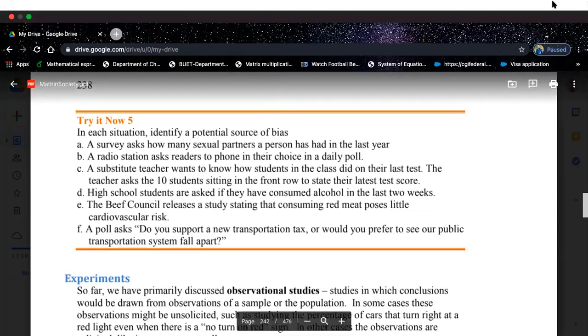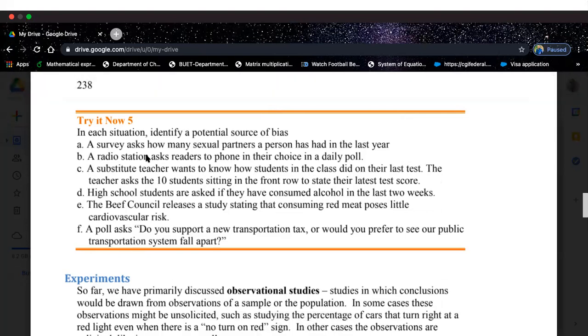Okay, so before disclosing the answer, let's do one more, and then we'll disclose the answer together. So the next one is, a radio station asks readers to phone in their choice in a daily poll. What type of biasness could there be? A radio station asks readers to phone in their choice in a daily poll.